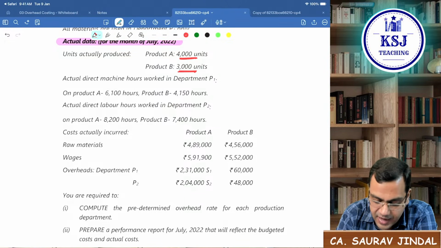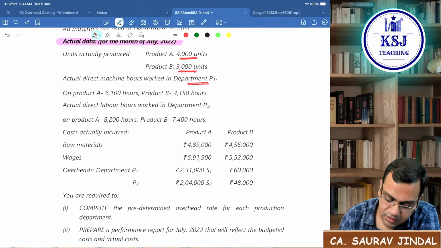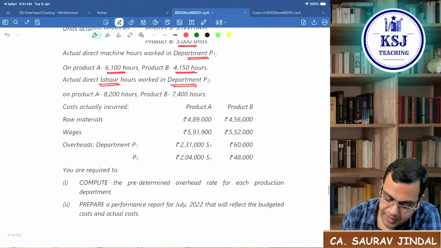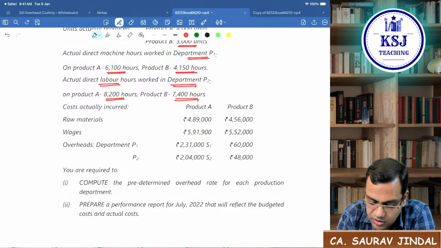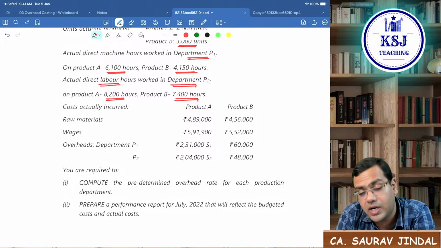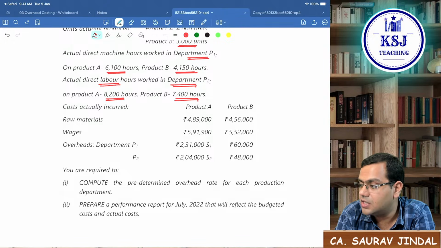Actual direct machine hours worked in department P1 on product A 6,100 hours, product B 4,150 hours. The actual direct labor hours worked in department P2 on product A 8,200 hours and product B 7,400 hours. This is the actual data, and it is just for 1 month. The budgeted data is given for the whole year, whereas actual data is given for just 1 month.